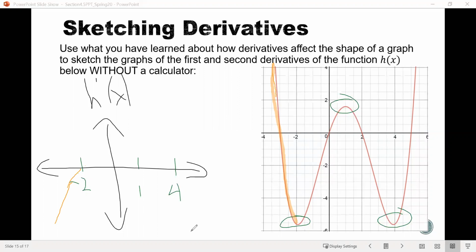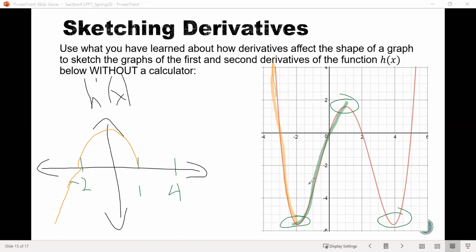And then between the values of -2 and 1, we see that the function is increasing there. Okay, like that. So that means all of our values of the first derivative should be positive, so they should all be above the horizontal axis, something like this, and they have to come back down to 0 at 1.